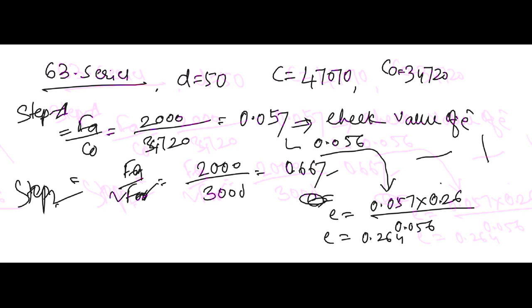Okay, now I'll just close this sheet. Now I'll share again. Okay. Now how much did you get? FA divided by VFR is 0.667. Okay.